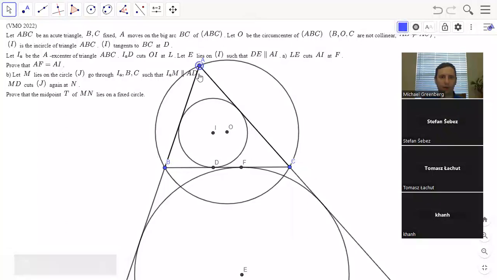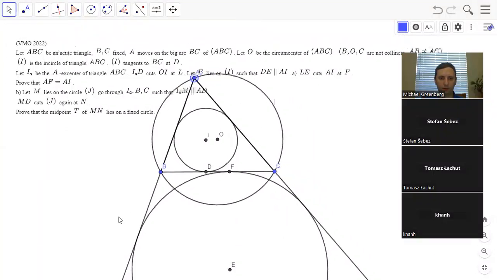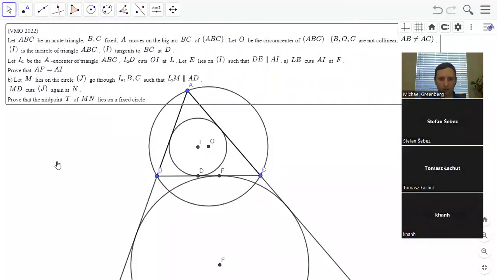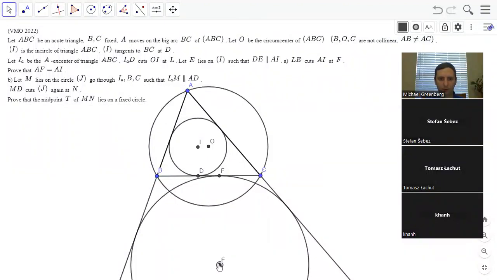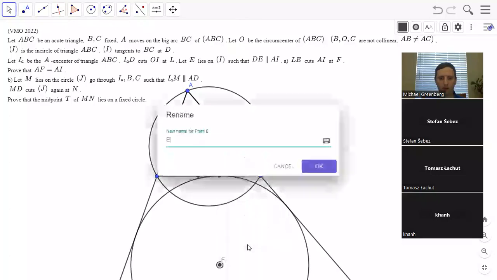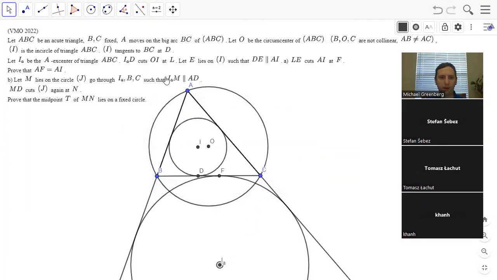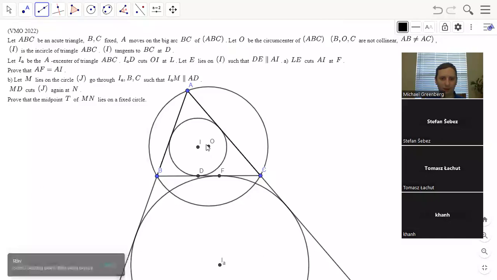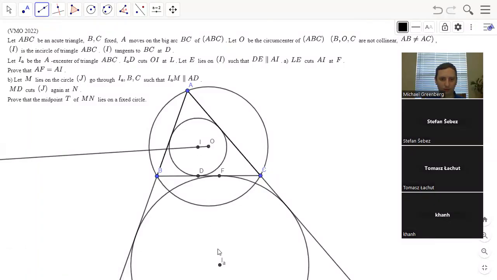So I_A is the excenter. And I_A D cuts OI at L. Interesting.